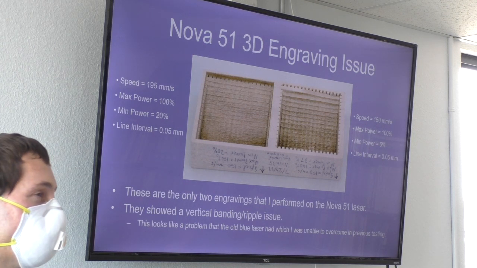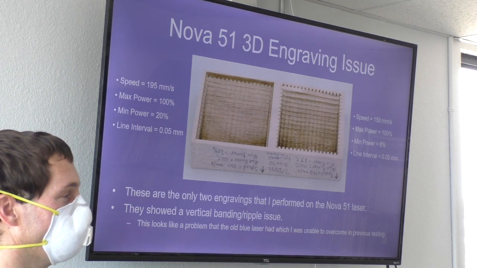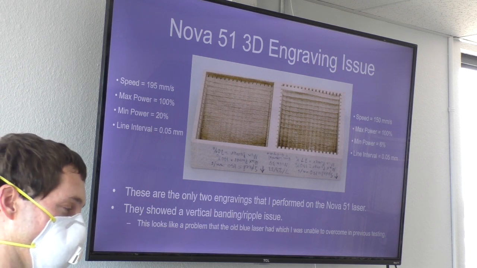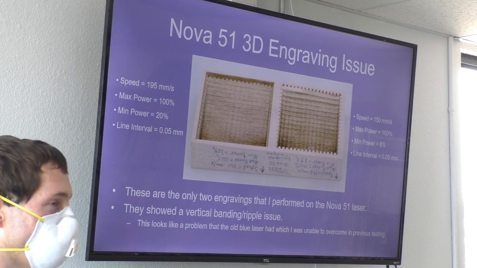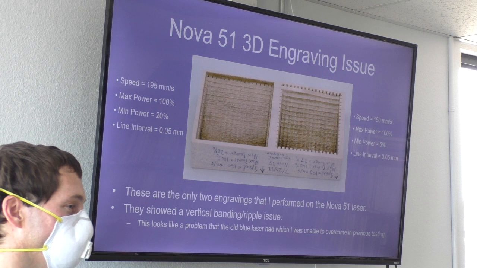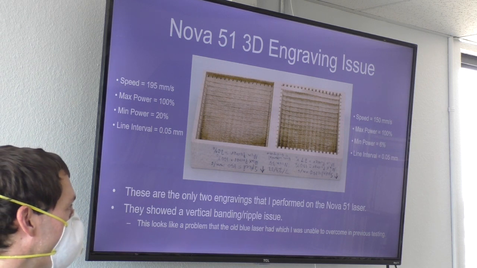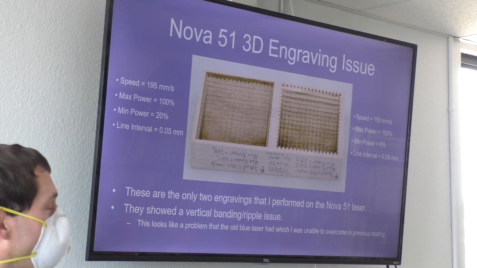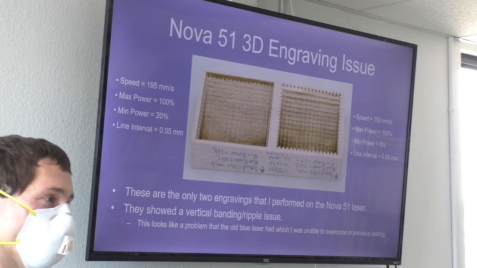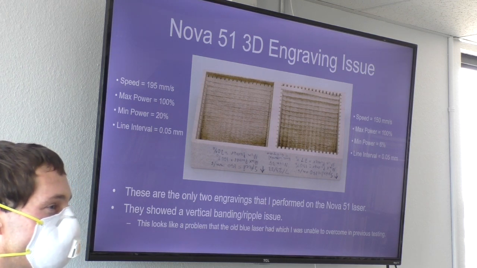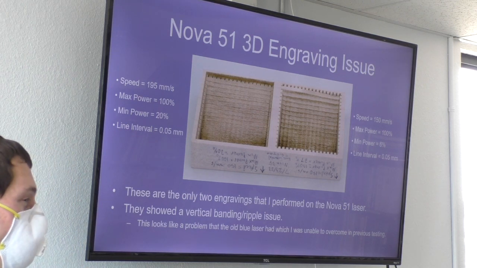I suspect it's the same problem the old blue laser had, because it also showed this vertical pattern. I spent a lot of time trying to fix it and couldn't. So if somebody wants to take it upon themselves to figure out how to make the Nova 51 give good engraving results, go for it. I did not like it.